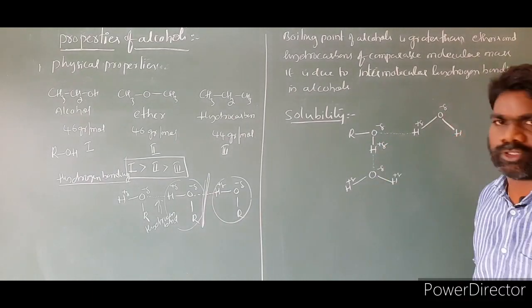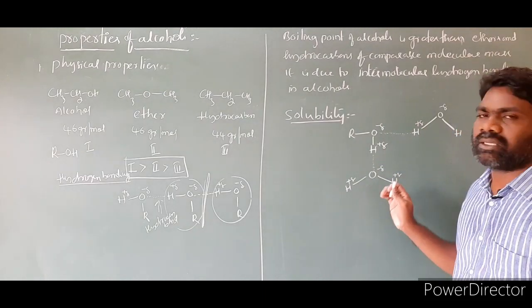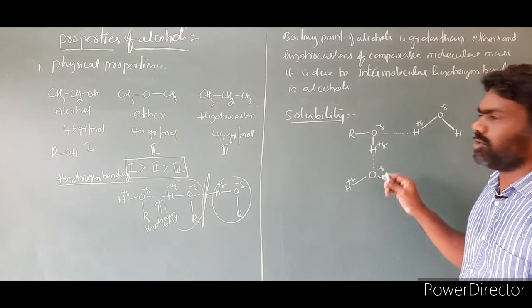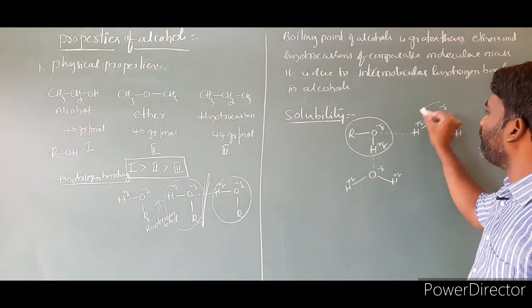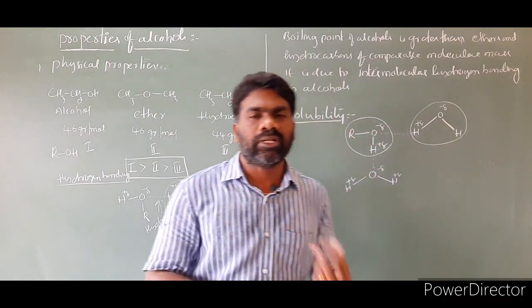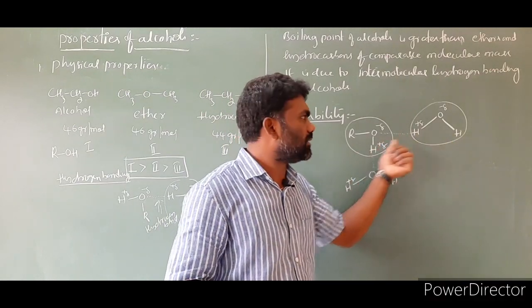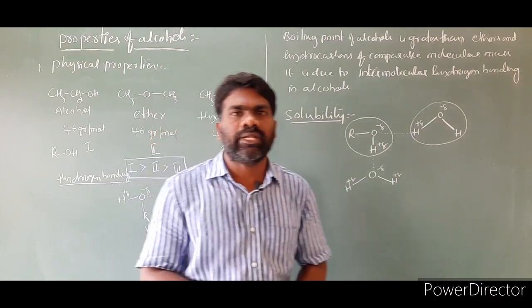This is also hydrogen bonding. Due to the formation of this hydrogen bonding, alcohols are highly soluble in water. This is intermolecular hydrogen bonding because the hydrogen bonding is formed between alcohol molecules and water molecules. As a result, alcohols are highly soluble in water.